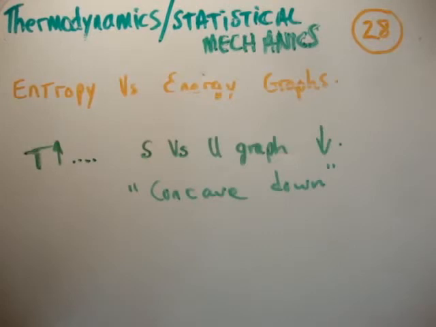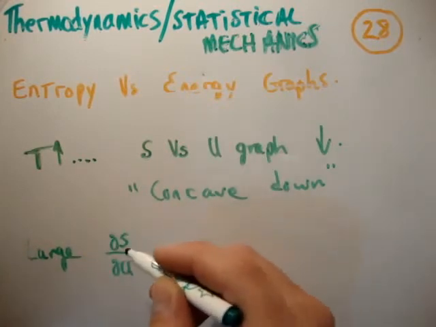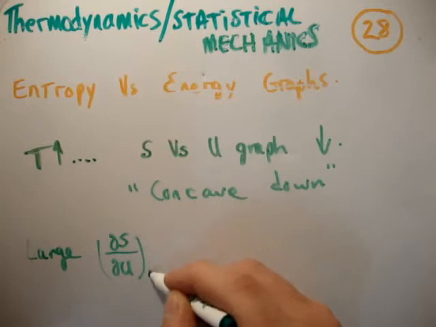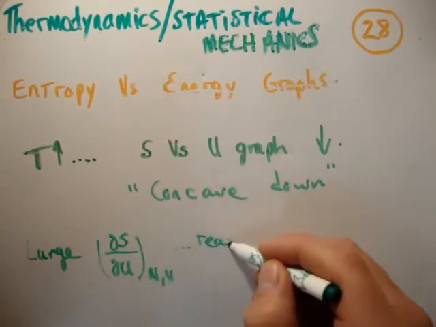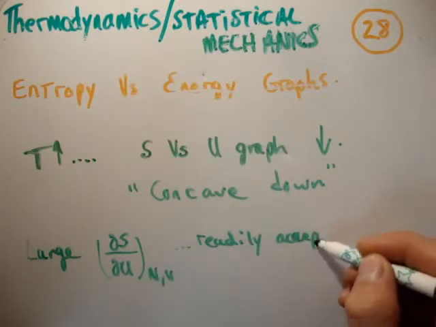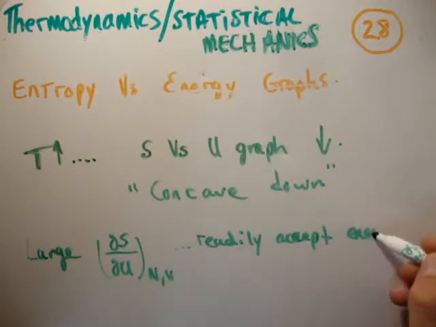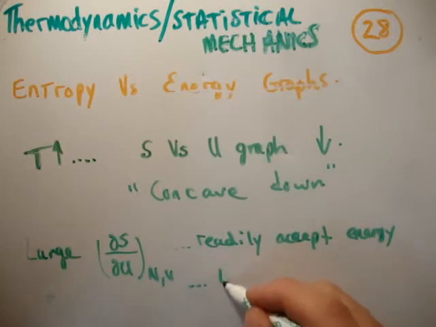Now, this is because the body with the large del S del U, at constant N and constant V, will readily accept energy, and as a result it's at a low temperature.